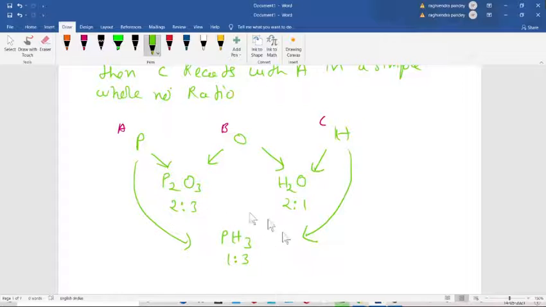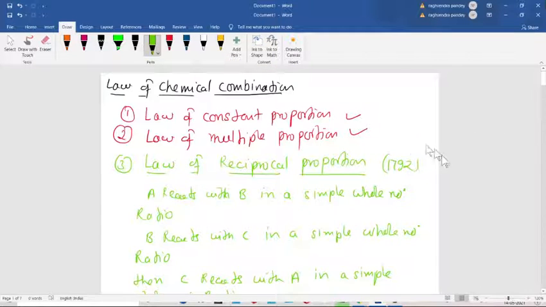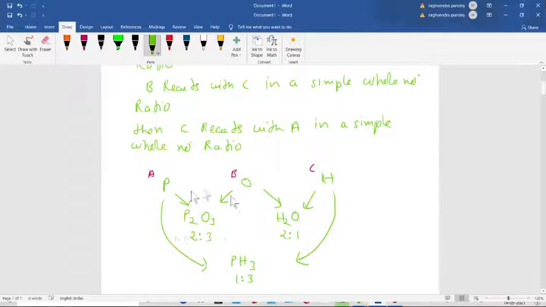It doesn't make much sense for you because you have learned the valency concept. In 1792 there was no valency concept. They understood valency as the number of atoms, basically. So everything is in simple whole numbers.